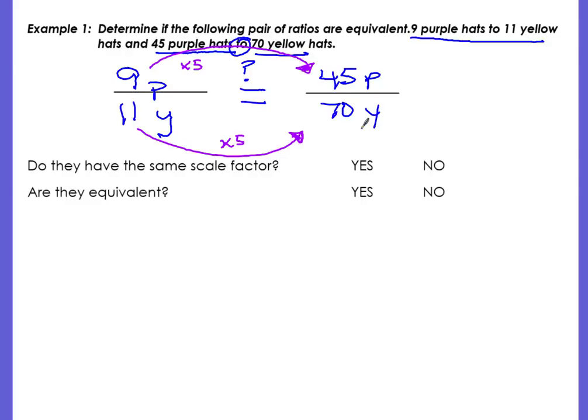Do you get 70? No, 11 times 5 is 55, not 70. In order for these two rates to be proportional, we would have had to have 55 yellow hats in this second rate. And it's not, it's 70. So no, they are not equal. Do they have the same scale factor? No. Are they equivalent? No.